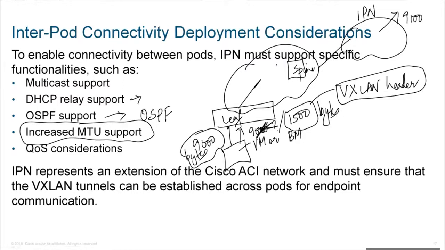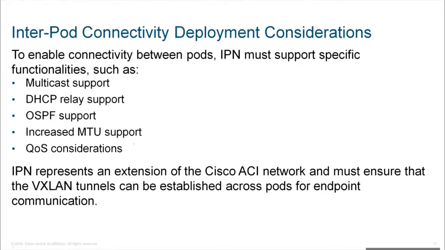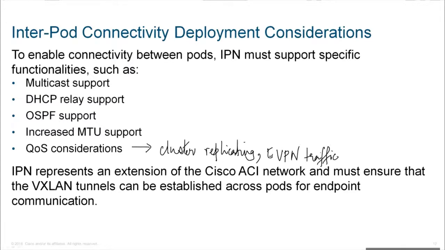Okay. Then there is an exchange of control plane information going on between these switches. Clusters replicating. That means we have APIC cluster replication traffic, MP-BGP EVPN. By the way, this is multi-pod.